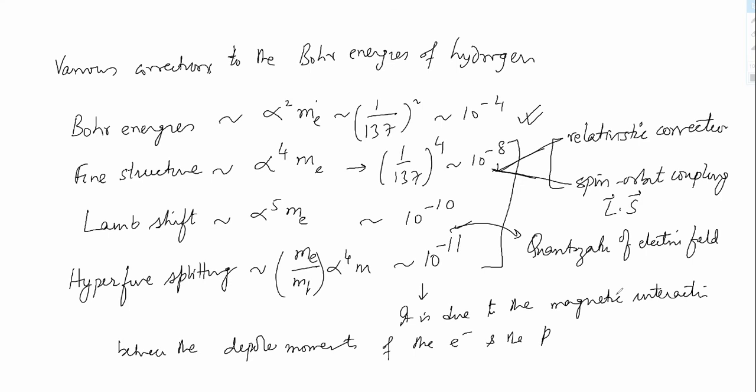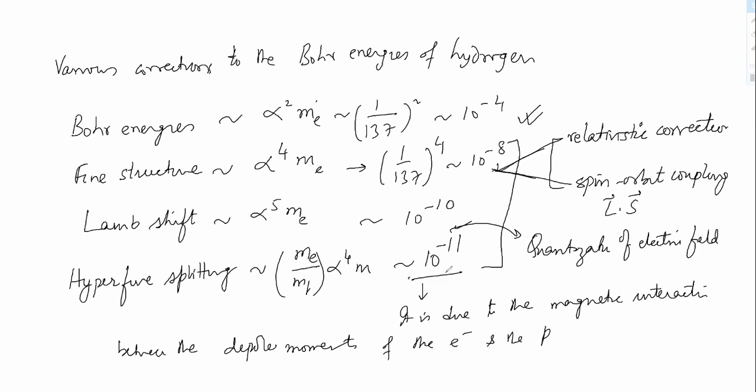The first that comes is the relativistic correction, and then we have spin orbit coupling. These two together contribute to the fine structure, and they are almost of the same magnitude. Then we have the Lamb shift, and then the hyperfine splitting.